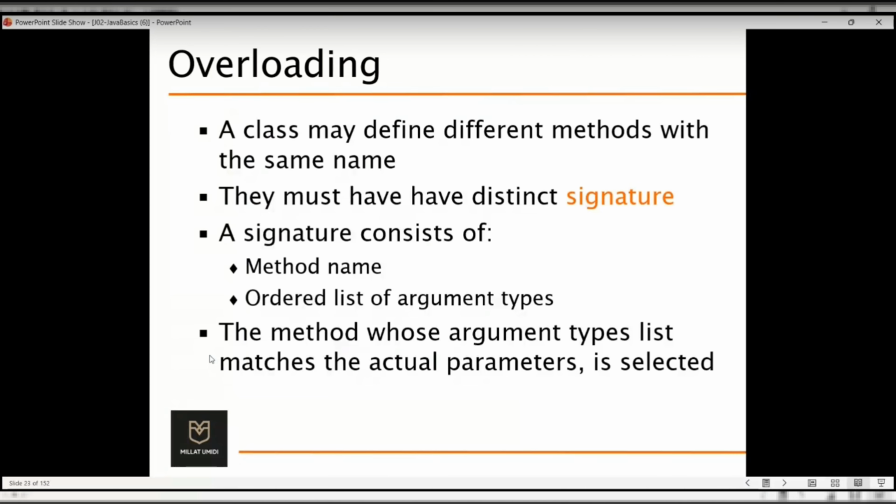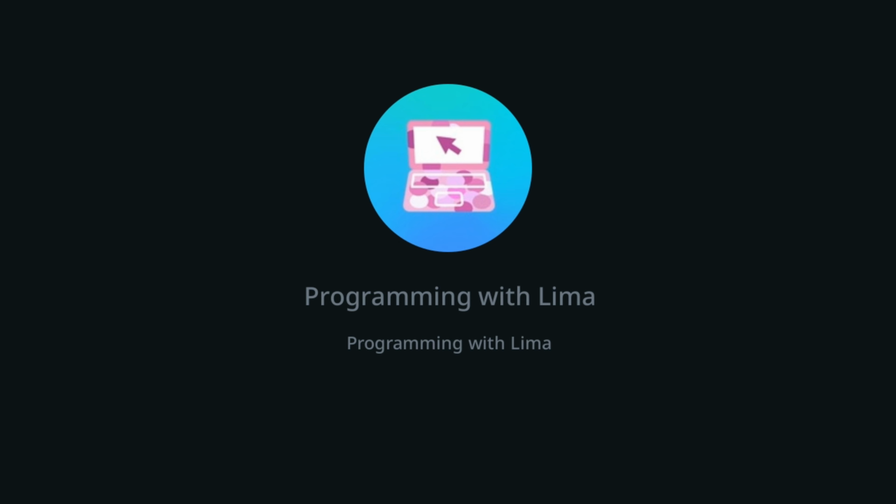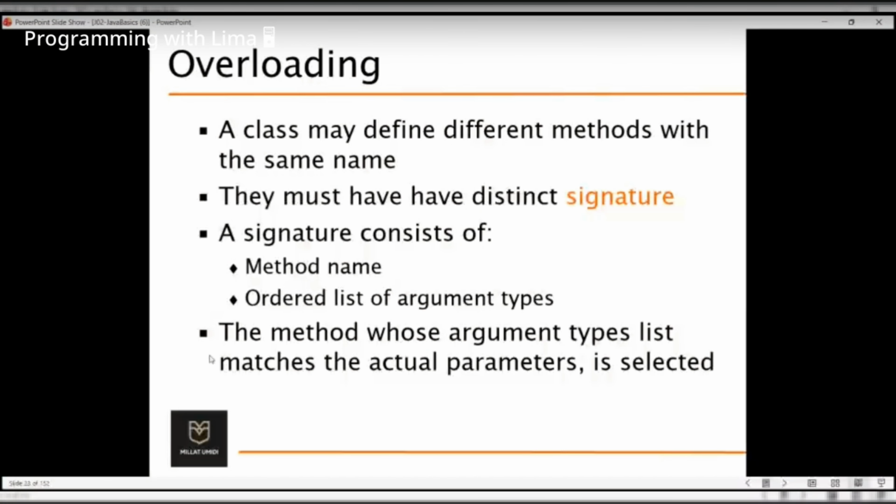So it gives the ability to the objects, when we call different methods, to act differently depending on either the class or the parameters. And overloading is about the parameters that we give.